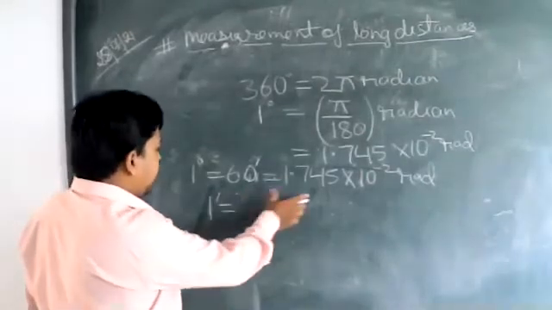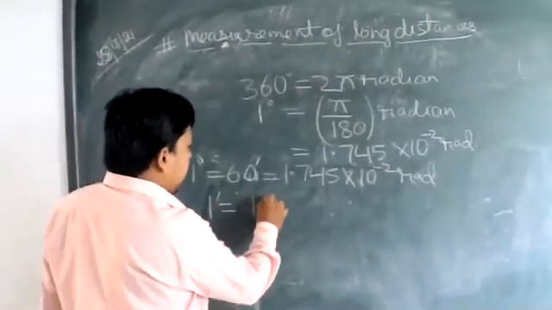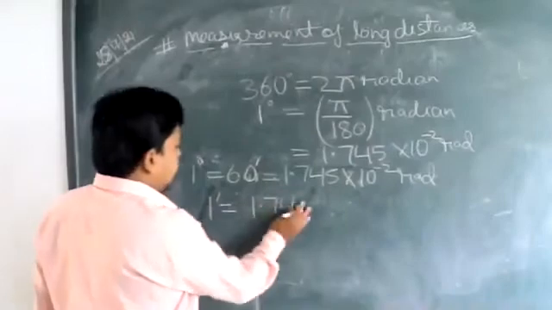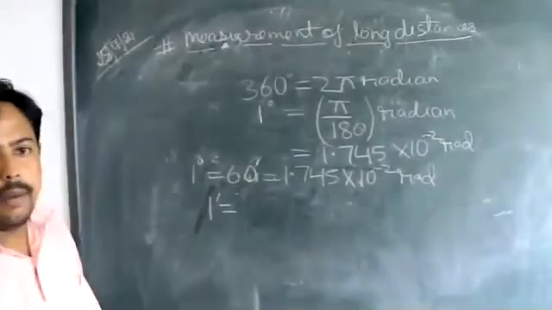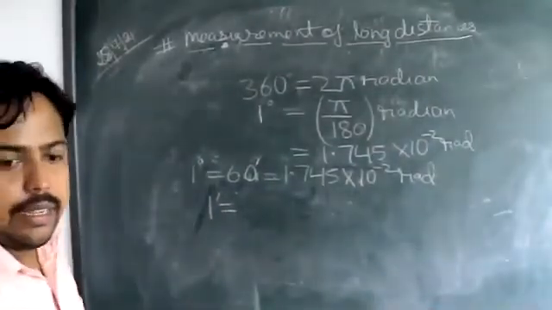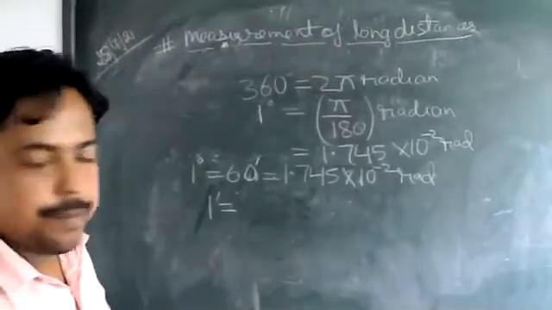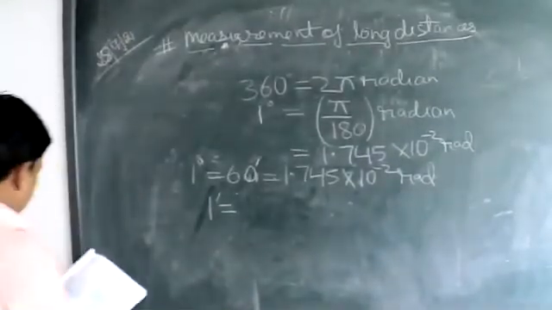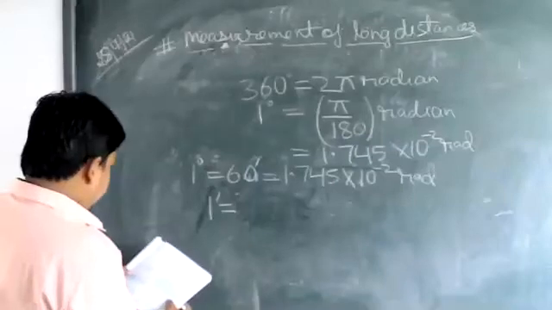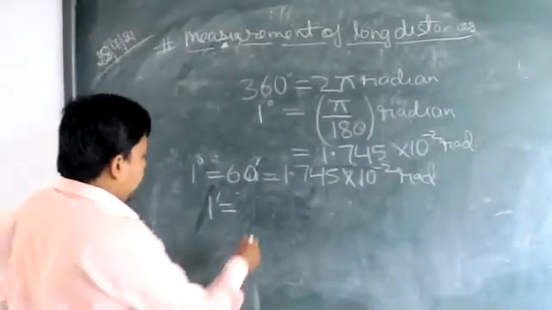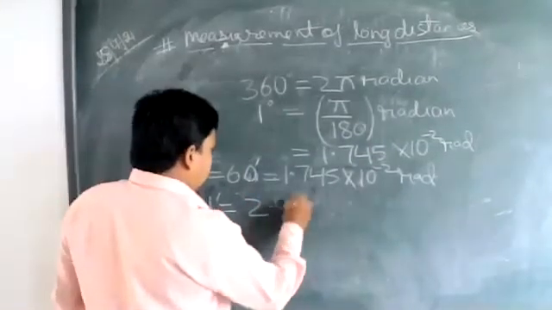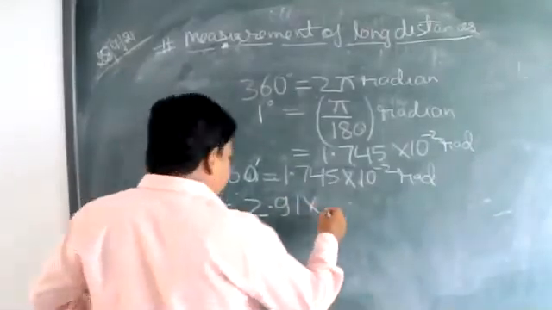Okay, for 1 minute, how much will you get? You divide this quantity by 60, and the result comes out to be, I am directly writing the value, 2.91 into 10 to the power minus 4 radian.